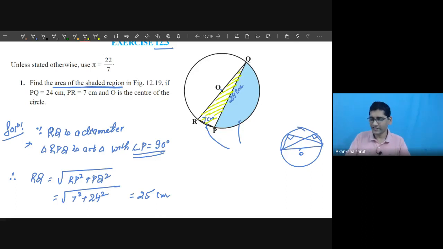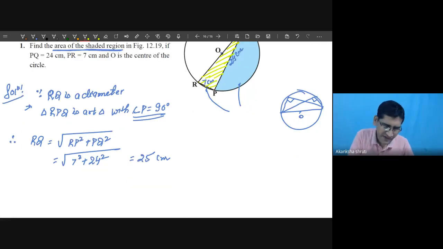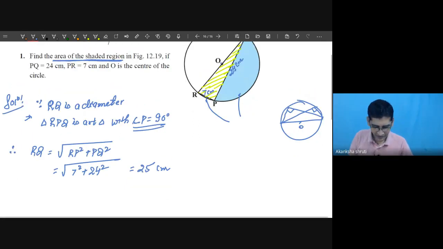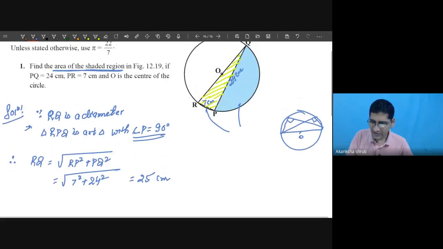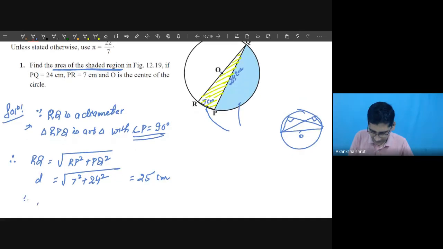Or you are getting that required area plus area of the triangle is equal to area of semicircle. Therefore, required area can be calculated. Now this RQ is the diameter basically. But for a circle we need the radius, so it is d by 2. It is 25 by 2 centimeter.